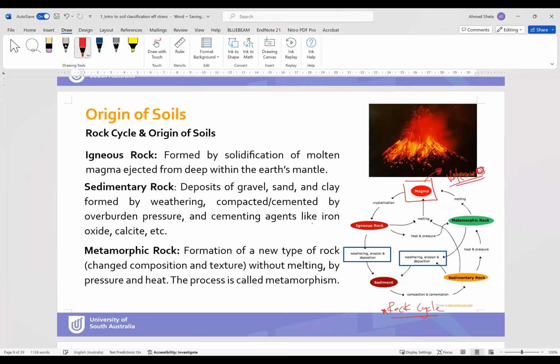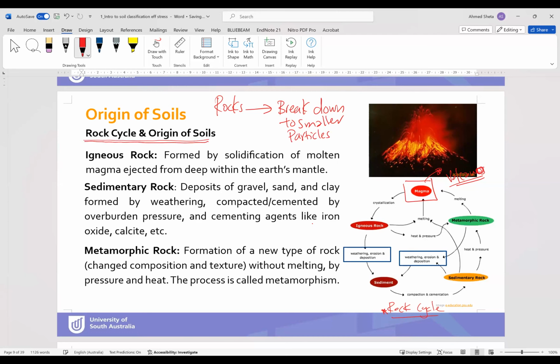Then due to weathering, temperature, wind and so on, these volcanic rocks break down to smaller particles, forming the soil. So the soil mainly comes from rock, based on the rock cycle.